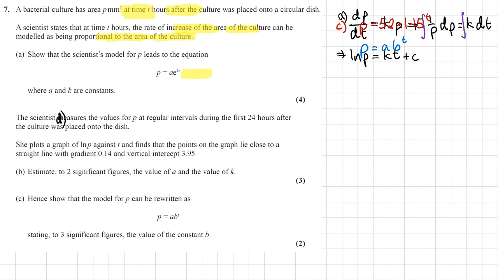The next step is we're going to do e to both sides because we want to make P the subject. So I'll do e, and then each side is going to become the power. What will happen is that e and the log P will cancel out, giving me P is equal to e to the kt plus c. I can use the rules of powers here on the right hand side to write that as P is equal to e to the kt times e to the c.